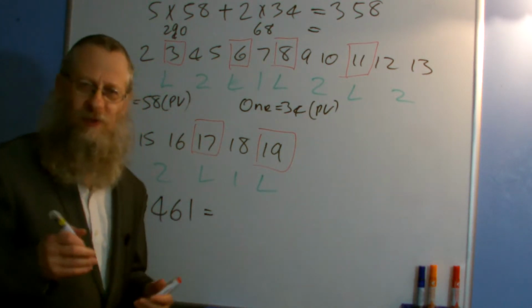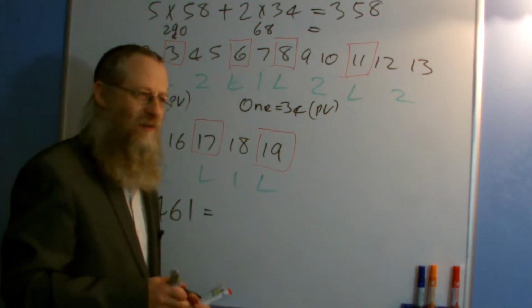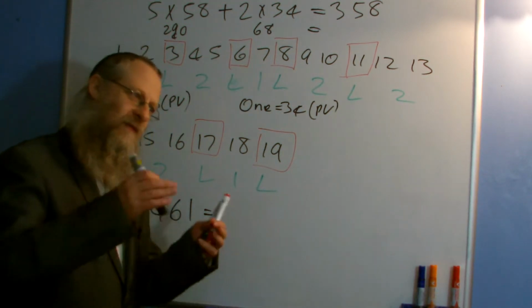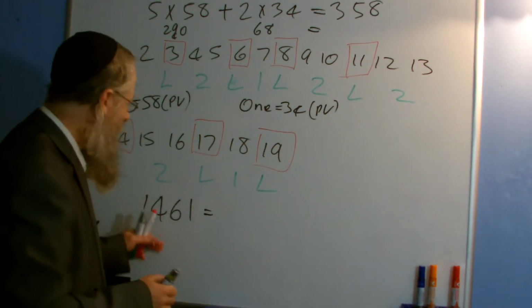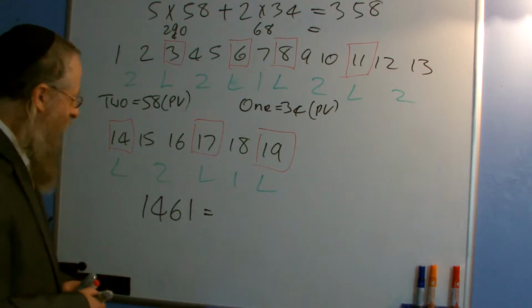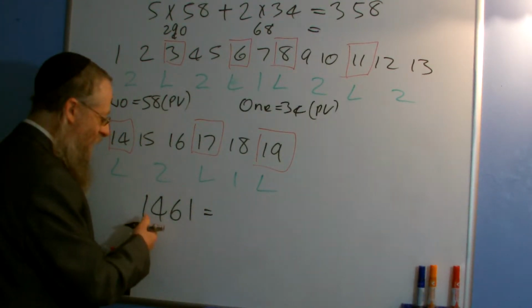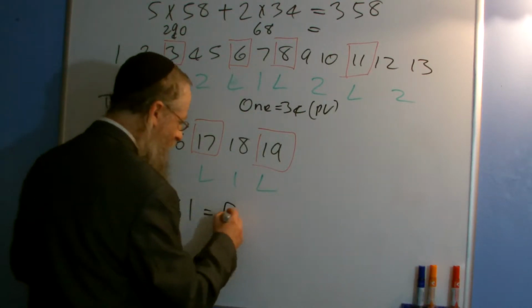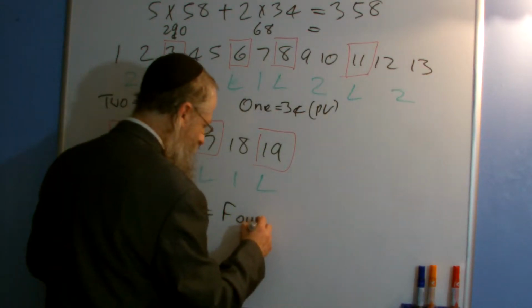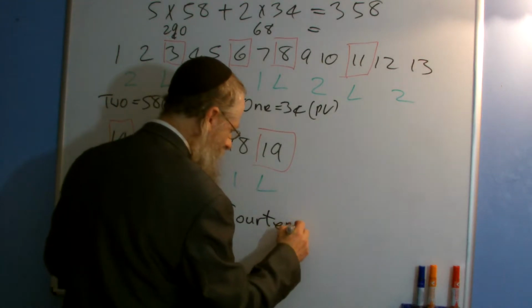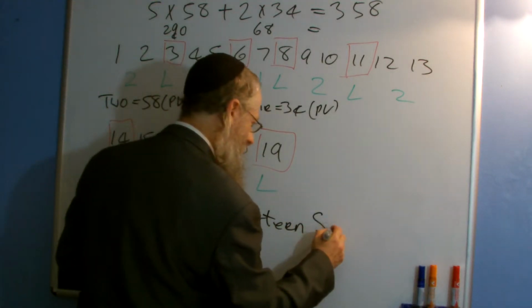For example, on the clock, we say it's 4:50, so we have the 4 and then the 50. Here we have dates. If you have a date, you'll say it's 14, 61. So instead of saying 1,461, we're going to call this 14, 61.